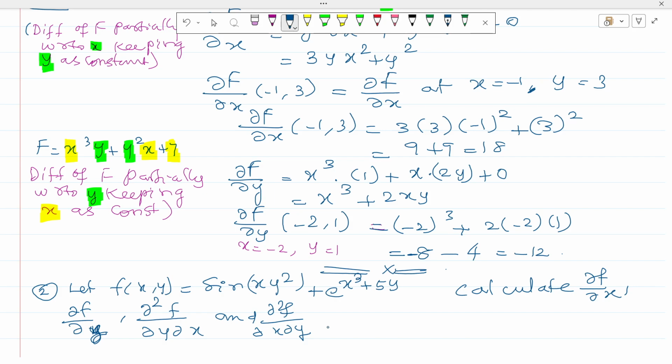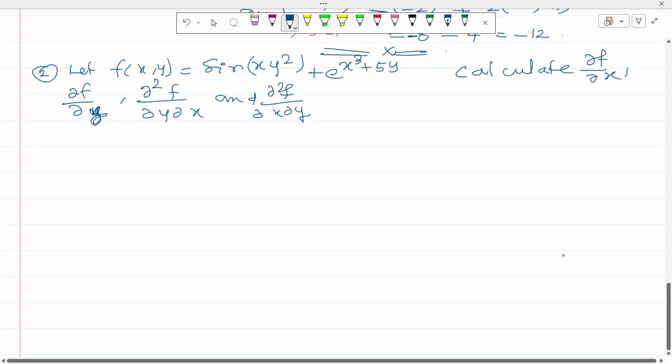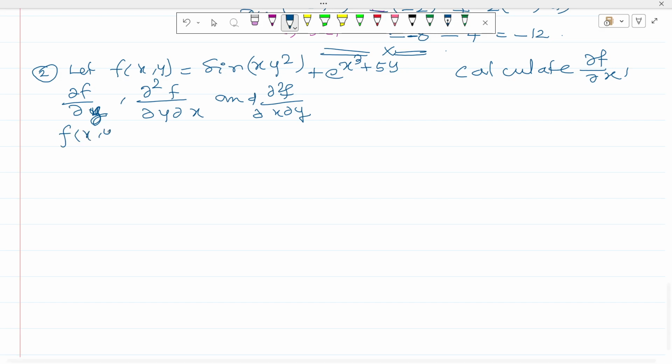Here f is given, f of x comma y is the given function, sin of xy square plus e power x cube plus 5y.